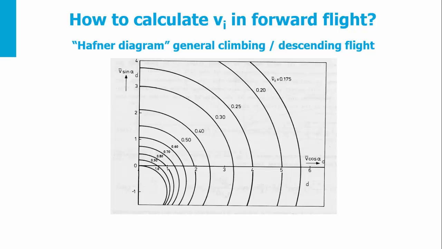For example, if we know the angle of attack alpha disk and we know the forward velocity, we can calculate V cosine alpha disk and V sine alpha disk, and from here we obtain from the Hafner diagram the non-dimensionalized induced velocity. In this way, we obtained the induced velocity for forward flight and generalized the actuator disk theory from hover to forward flight.